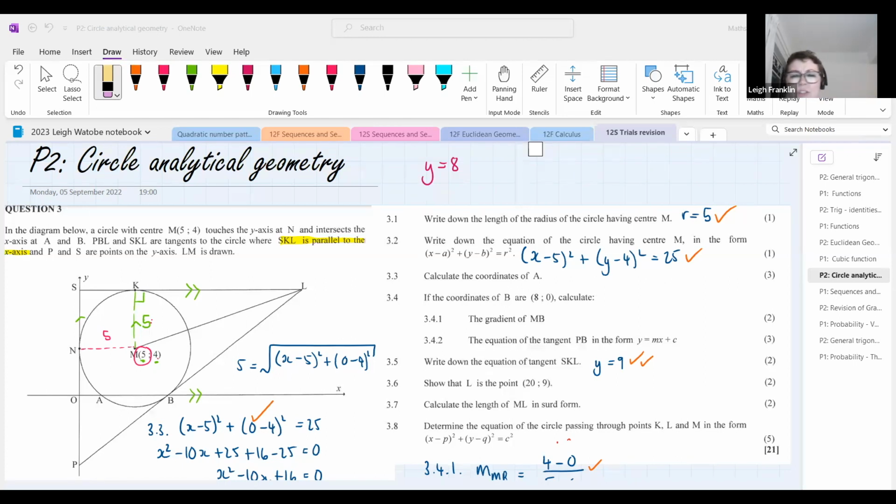It's just so few marks. I was questioning whether that was actually the right way to do it. We know the length of SK is 5. I was thinking maybe the theorem of Pythagoras, but we're talking about coordinates now, aren't we? So I was thinking if we could take SK and add KL, if we knew what KL was.